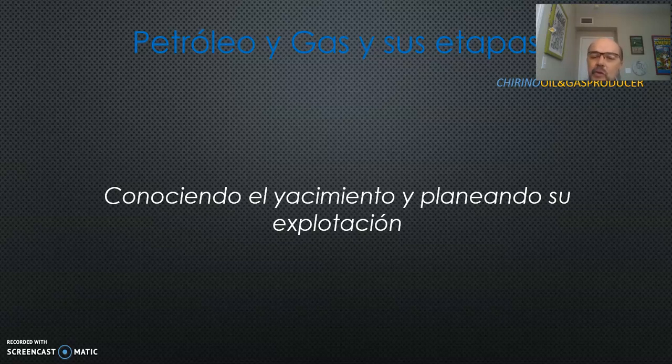We need to try to do them selectively, because when we pump the treatments from surface, we have a damage interval and a non-damage interval. The fluids or the treatment are going to be taken by those that don't have the damage, and we need to place it where the damage is.